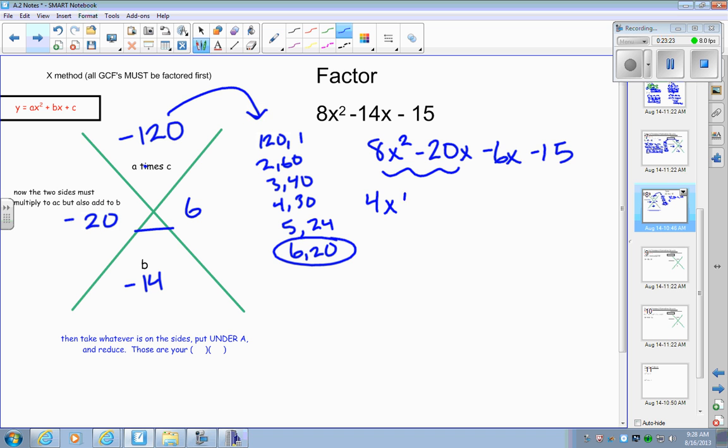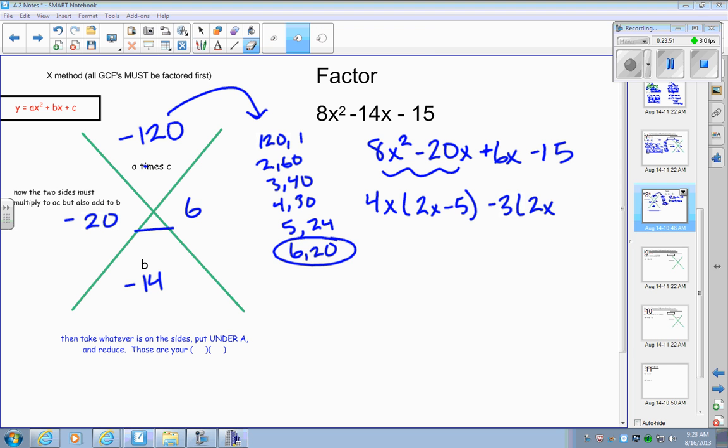GCF between these. Pull out a negative 3 here. Oh, we messed that up because that needs to be a positive 6x right there, so that's going to help us because we had a positive 6 over here.